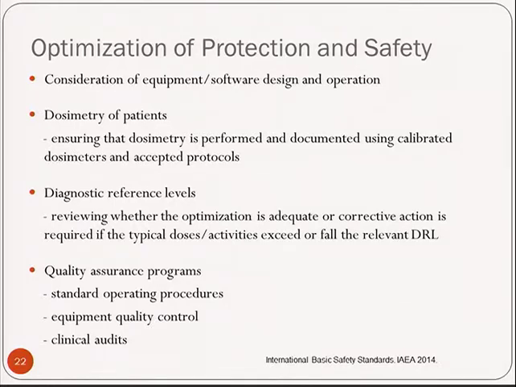It includes consideration of equipment and software design and operation, and dosimetry of the patient, and the diagnostic reference level is a very important portion of optimization. Also, a quality assurance program is very important for optimization, including standard operating procedures, equipment quality control and clinical audit.